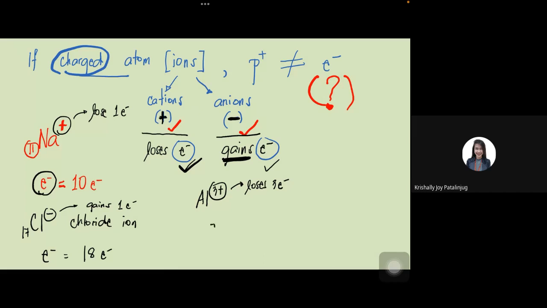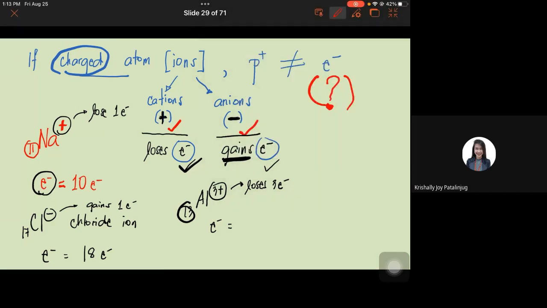By the way, aluminum's atomic number in your periodic table is 13. So this will be your reference. How many would be the total number of electrons this time? It loses 3 electrons.